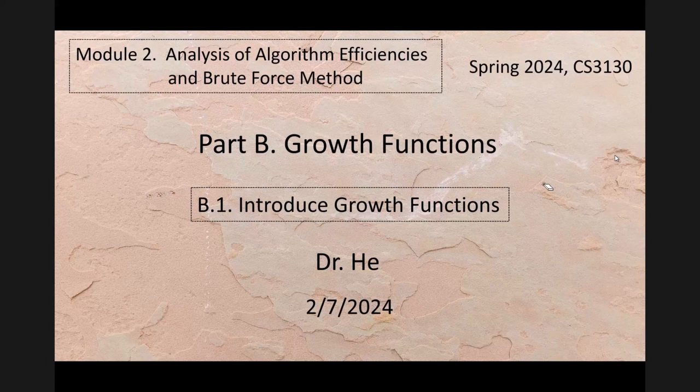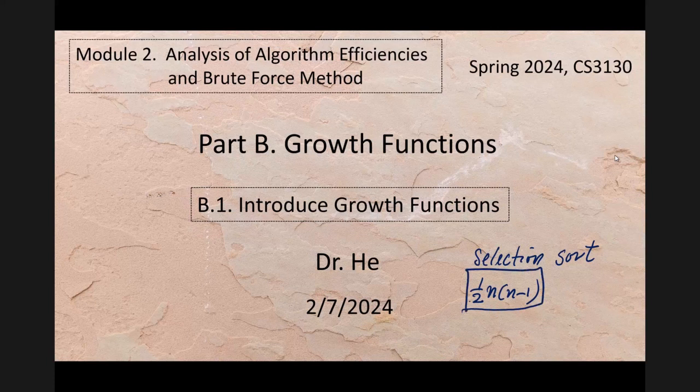For example, let me use the selection sort as an example. In selection sort, the number of comparisons we need is 1/2 times n minus 1. So this is the function.